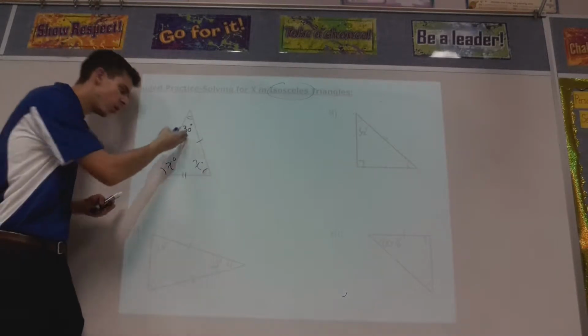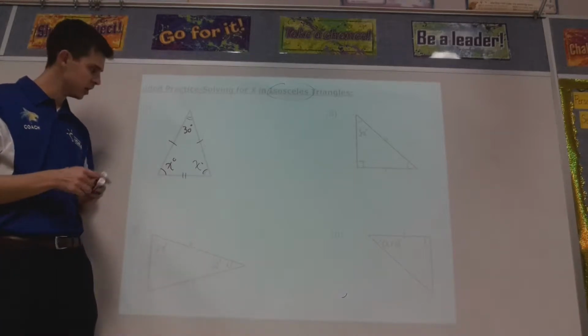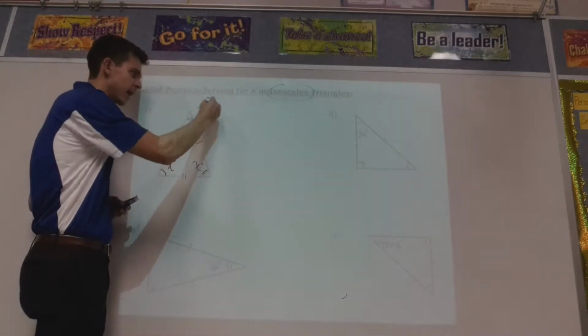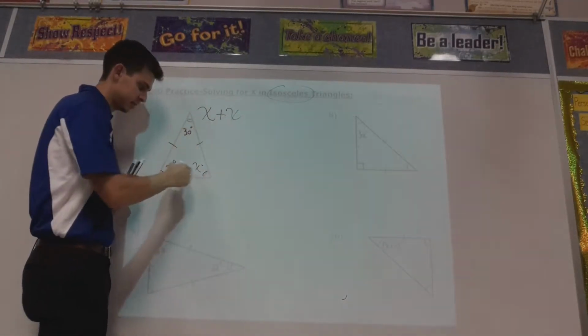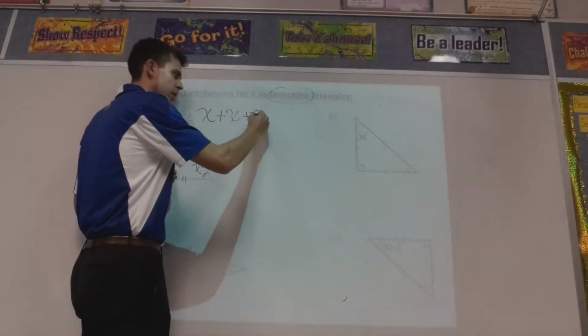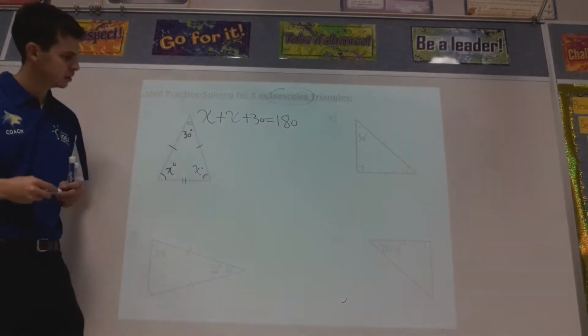Now, I know that all three angles in a triangle add up to 180 degrees, so I can just do this. X plus x plus 30 should equal 180 degrees.